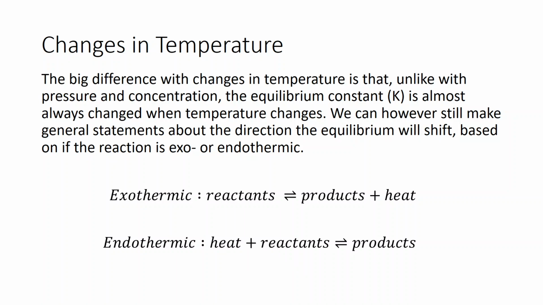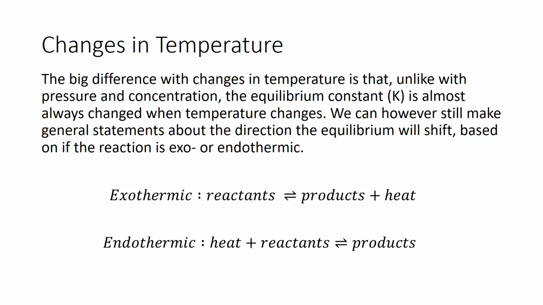And so now, just like changing the concentrations, when we add heat to something, right, it's like we are adding either a product or a reactant, right? And it's going to shift the equilibrium to the other side, right? So like if we add heat to an exothermic reaction, right, it's going to push the equilibrium back towards reactants.